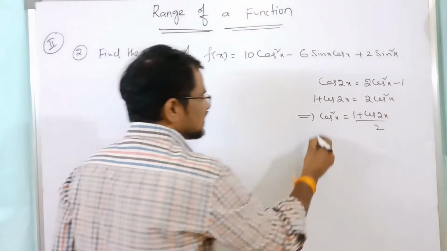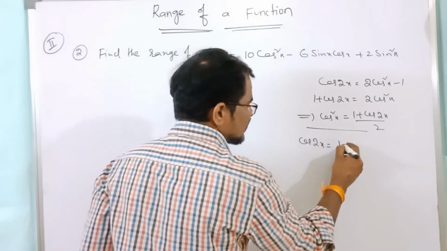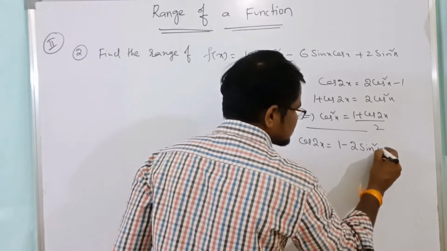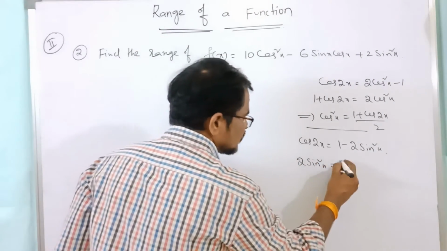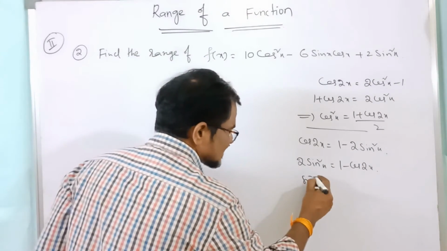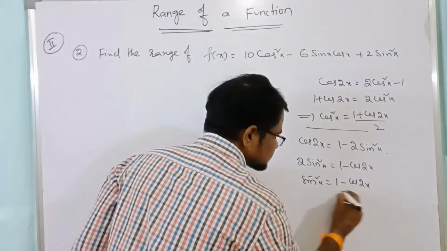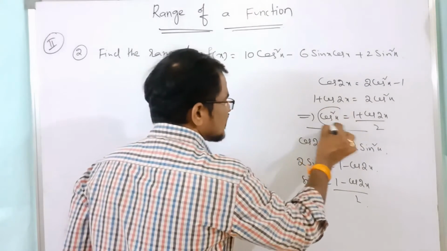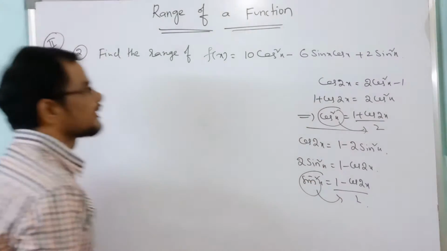Similarly, one more formula for cos 2x is 1 minus 2 sin square x. So 2 sin square x equal to 1 minus cos 2x, which implies sin square x equal to (1 minus cos 2x) by 2. In place of cos square and sin square, you substitute these.